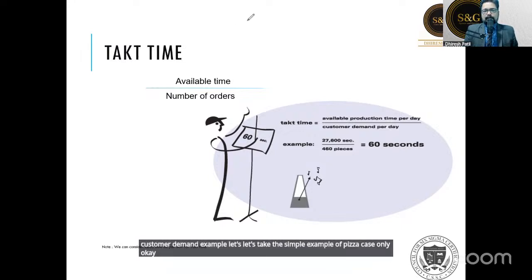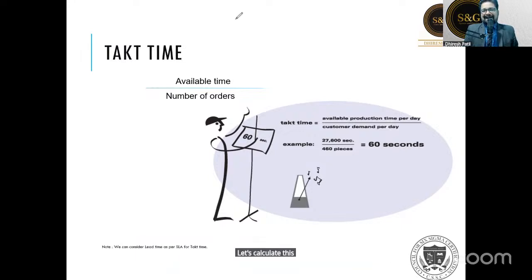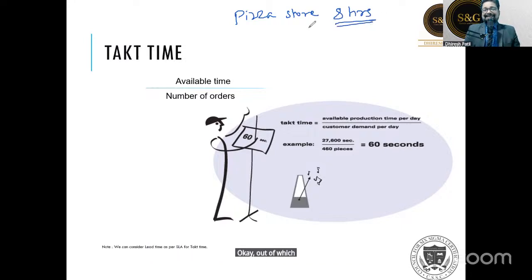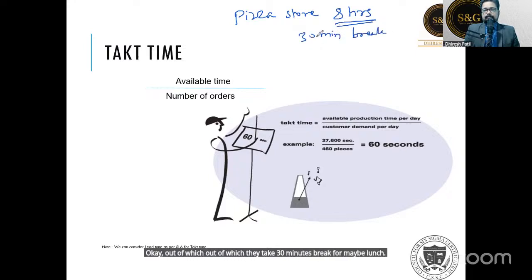Let's calculate this. We have a pizza store. Everybody just pull out your calculator. We'll calculate this, very simple. A pizza store is open for, let's say, 8 hours. Out of which they take a 30 minutes break, maybe for lunch.